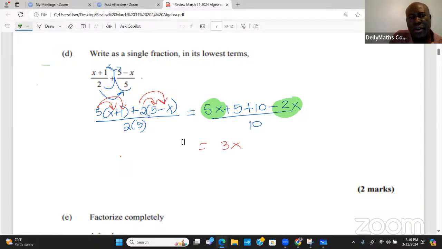And then we also have 5 plus 10, and that's going to give us 15. And this is going to be over 10. Now, at this time, remember, this is what we have, right? And they said in its lowest term. This is in its lowest term because there is nothing else that we can cancel down here, right? Even if we should factorize out the 3, we won't be able to cancel 3 with a 10, so this is final.